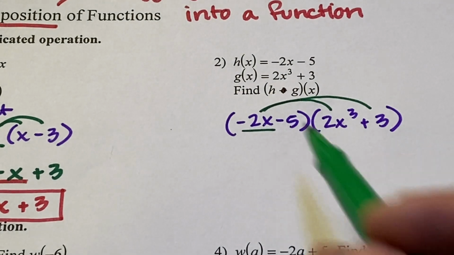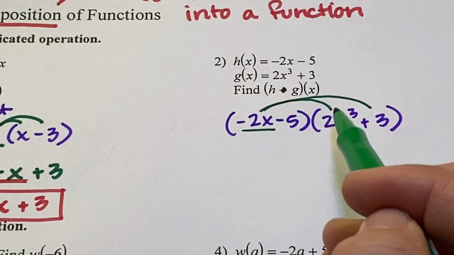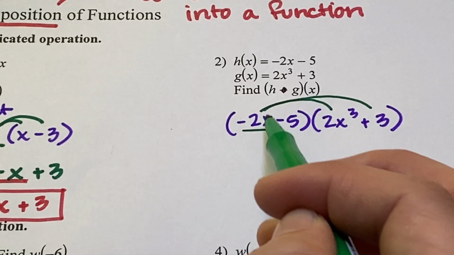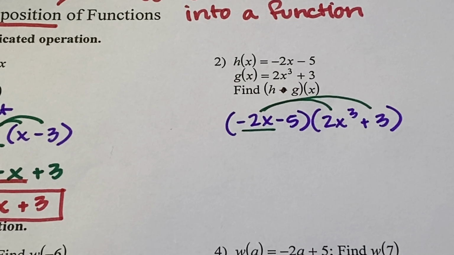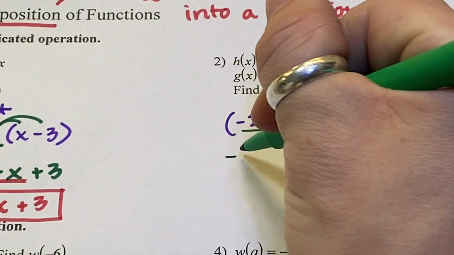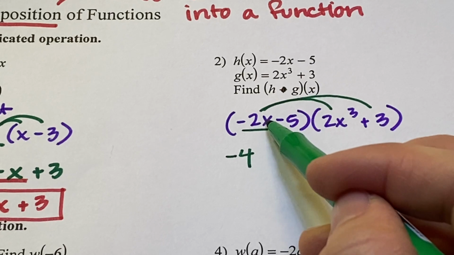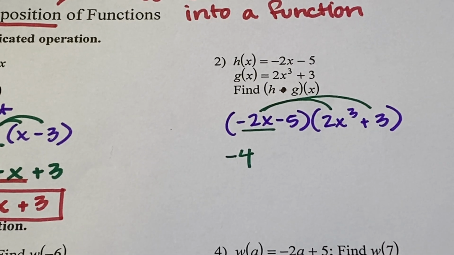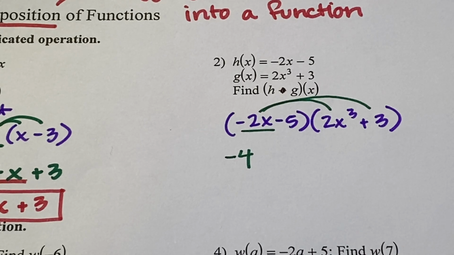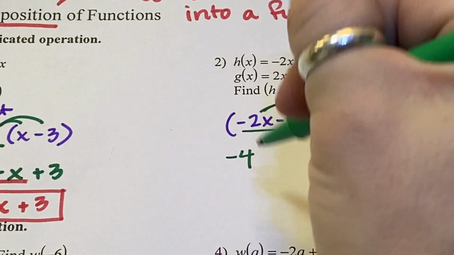Well, what am I going to get with negative 2x times positive 2x cubed? Just think, what is negative 2 times positive 2, first of all? Negative 4. Then I had 1x being multiplied to 3 x's. How many x's do I have total? Exponent rules tell us 4.